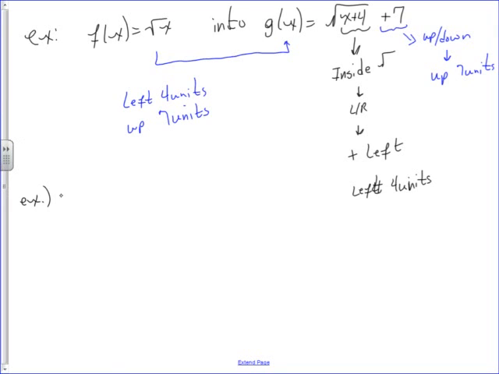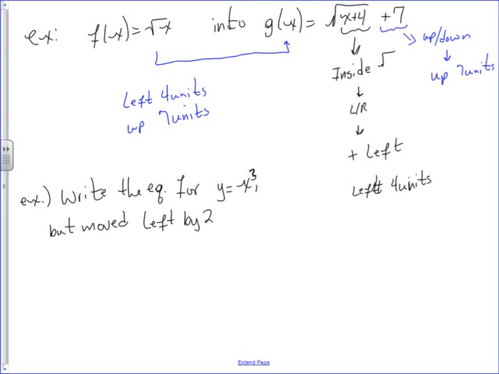Alright, I want you to write the equation for y equals x cubed but moved left by 2 and down by 3.